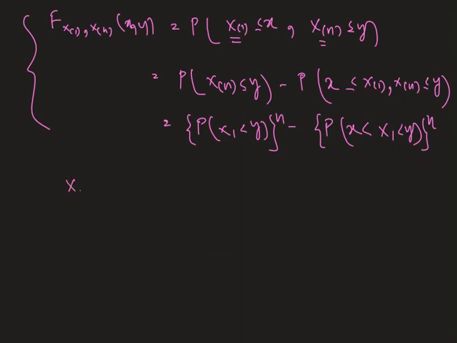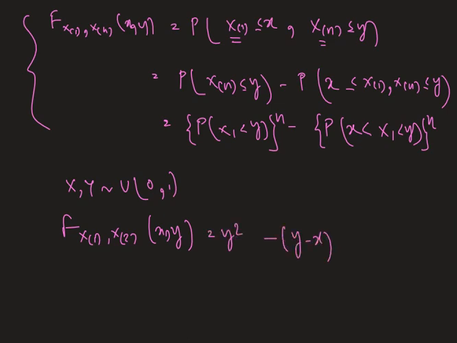Now, in particular for this problem, we have only two random variables named x and y. Therefore, the joint CDF of order statistics for x, y is nothing but y square minus (y minus x) whole square.